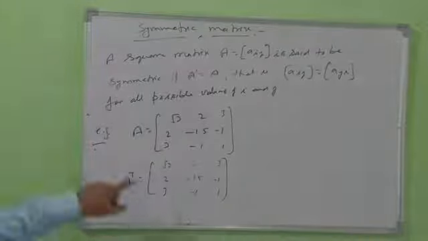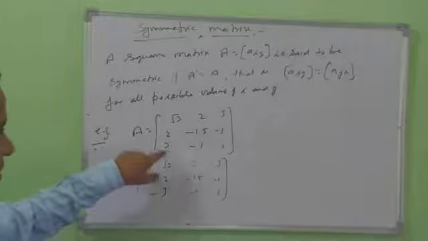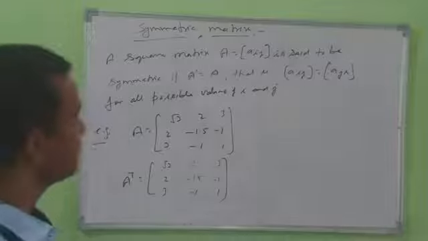When the transpose of the matrix and the original matrix are the same, the matrix is called a symmetric matrix.